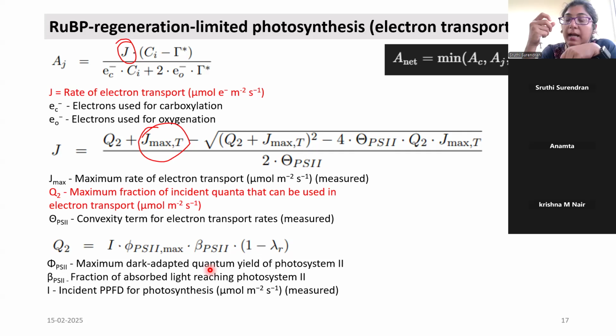And then after a particular time, you expose that leaf to a sudden beam of light. What happens during that time is given by this dark adapted measurement. So the maximum yield, how efficiently the light can be absorbed by photosystem 2 once it is dark adapted, is what is provided by this phi PS2.